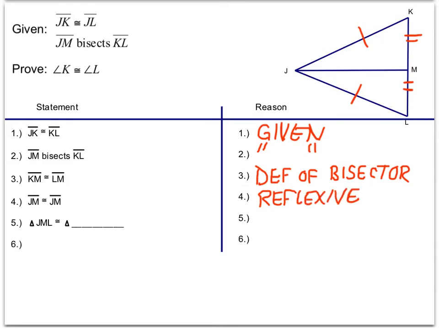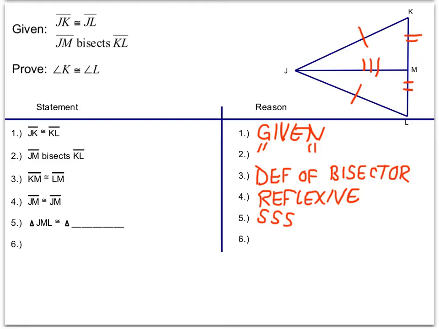So next step in the proof, it says triangle JML is congruent to triangle. Well, we have to ask ourselves now, why can we say these are congruent? Well, we've already decided that we have three congruent sides, so we can say that these triangles are congruent by side, side, side. And just to name this triangle, make sure the vertices line up.